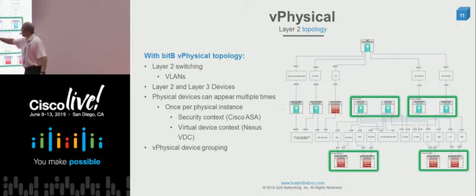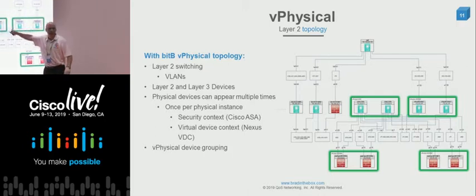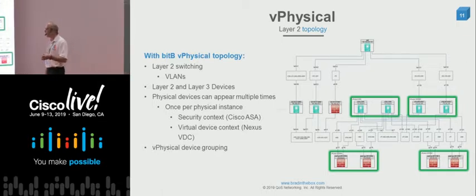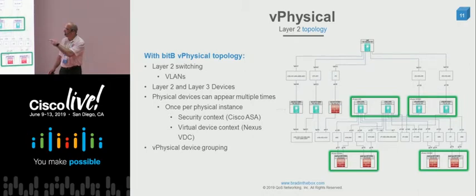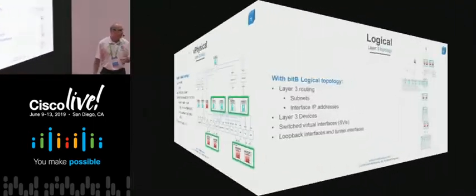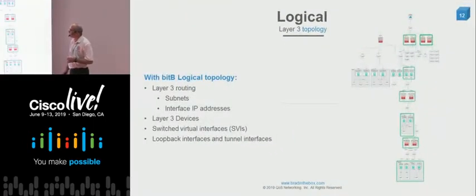So now you actually see 2 sets of 7Ks because we virtualized it for the VDC. I see 2 sets of firewalls because we virtualized it for the security context. This is how the packets go through your drawing. That's how we show them. We also have physical device grouping, which we put containers around to show you which VDC that is. Okay, next.